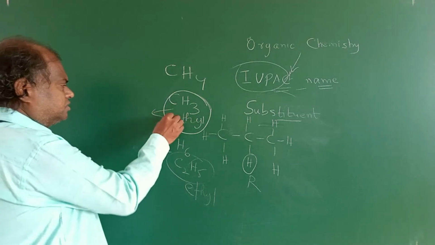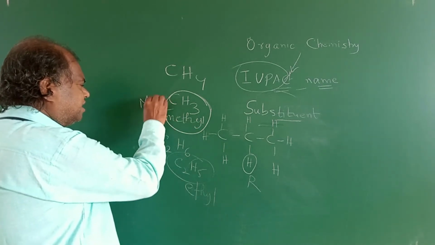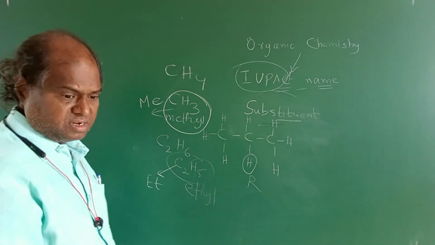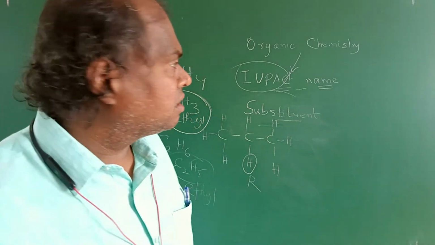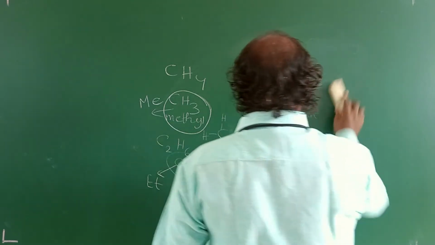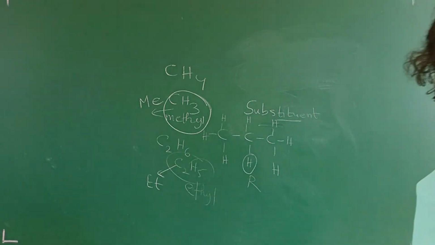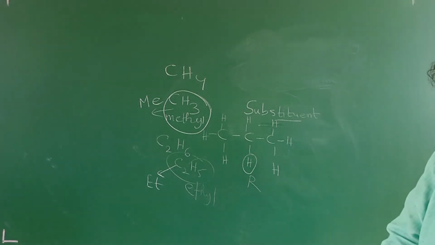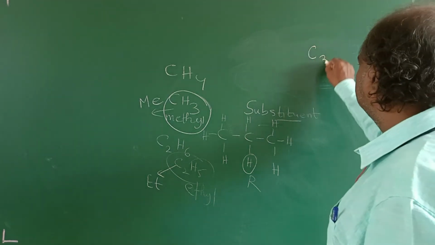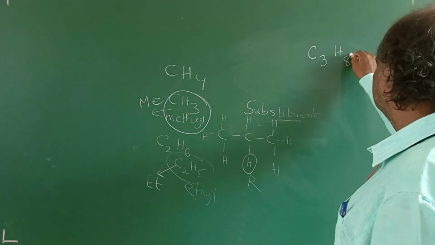Now, if you see in most of the books, for methyl they'll write Me. For ethyl, they'll write Et. For propane, they will write propyl. Suppose you are getting C3H8.